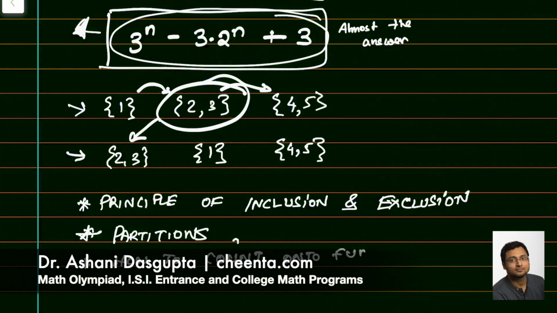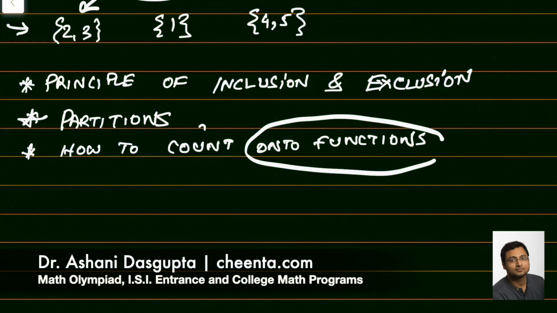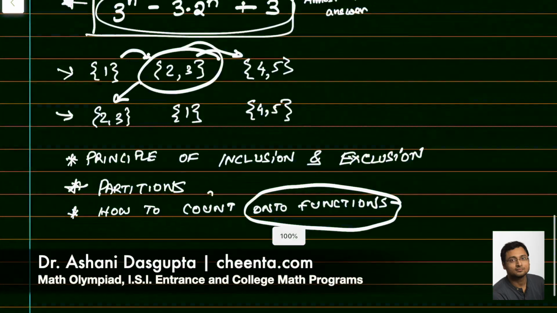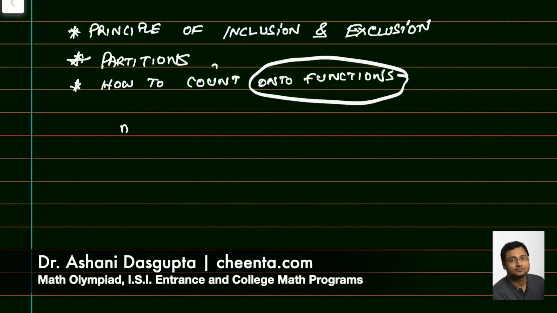So I have not spoken about this yet in this video, but I hope to do that in the next one. It definitely helps us to count onto functions, and we actually found the answer to that question, where if there are n number of elements in domain and 3 elements in codomain, then how many onto functions are possible?